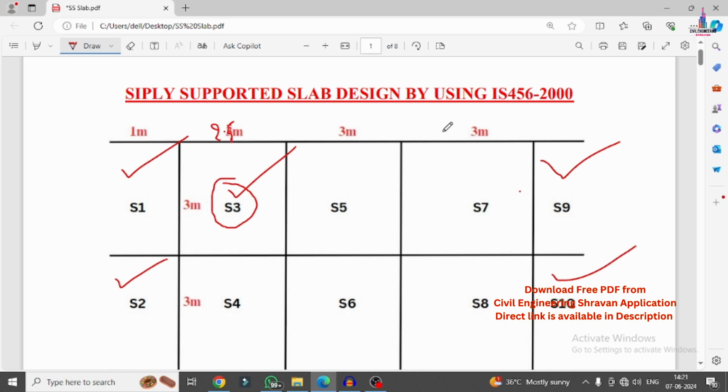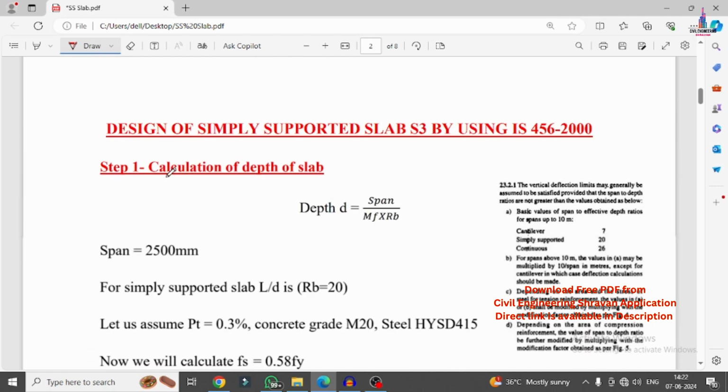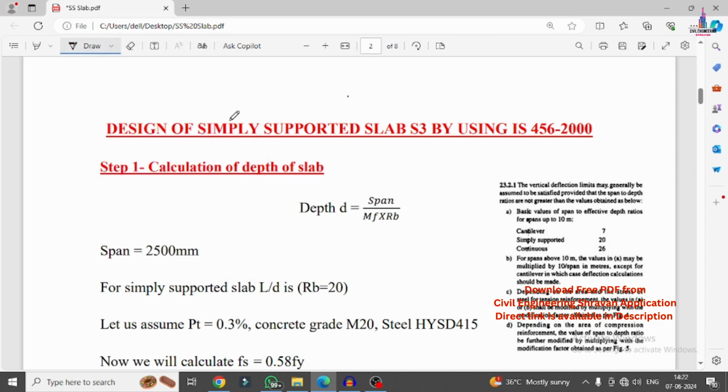Here I am selecting my first step, which is the depth calculation of the slab, similar to that of the cantilever slab. Initially we consider the depth formula: D equals span divided by the multiplication factor, that is the L by D ratio value.